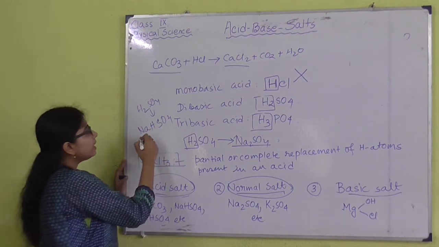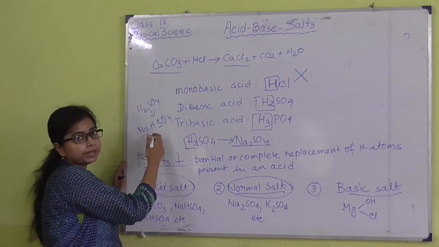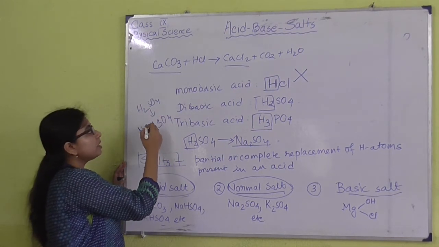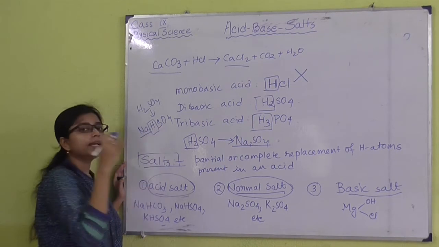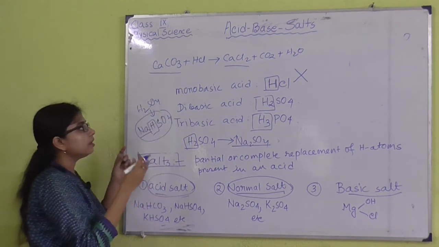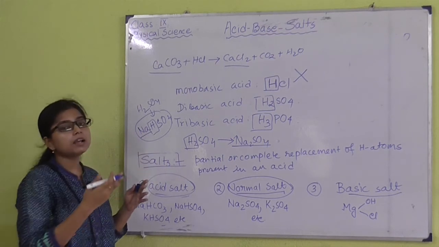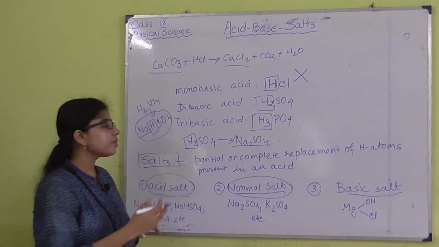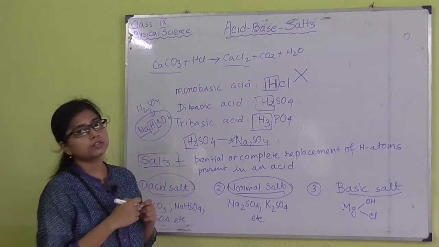Here we have one sodium replacing one hydrogen atom, and I have kept the another hydrogen atom intact within the compound. So there is one acidic hydrogen present in the salt. That is why the salt is known as acid salt.